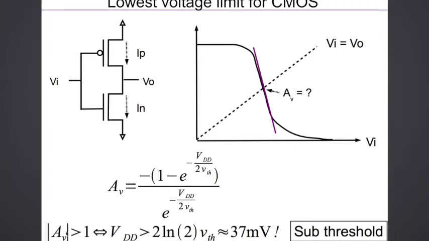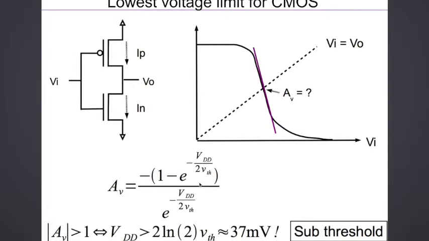Now the magnitude of this gain has to be bigger than 1. So you put the magnitude bigger than 1, the minus goes away, you rearrange the terms, and you will find the supply voltage VDD has to be at least 2 log 2 times the thermal voltage. The other thing you notice is that we have not made any assumption about technology.